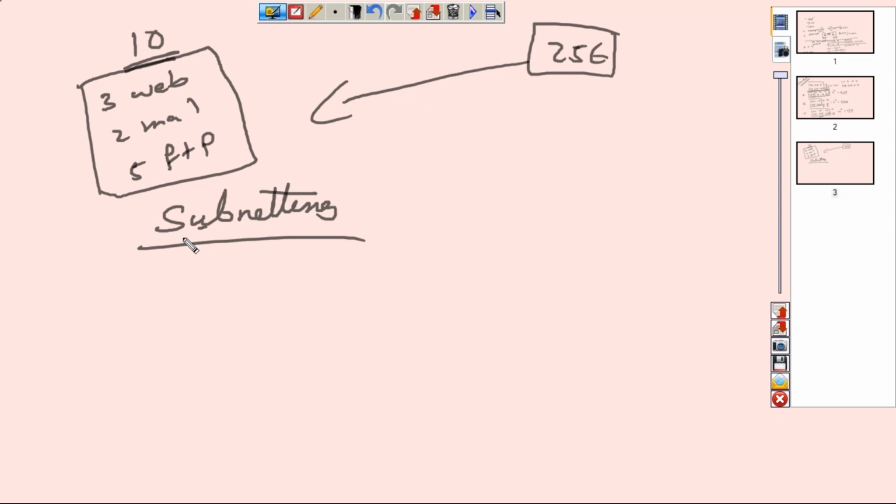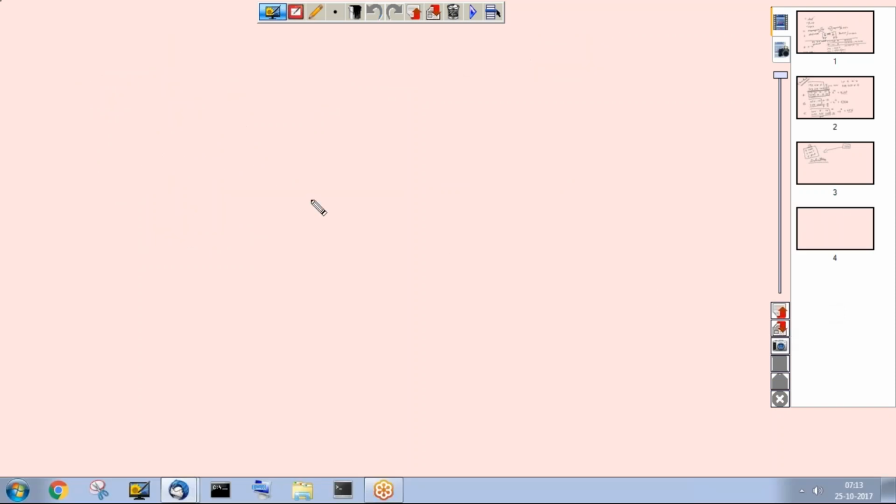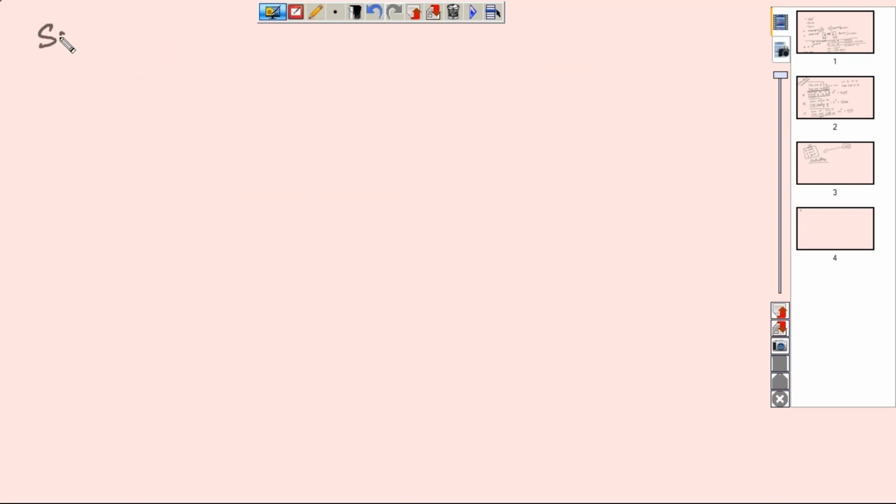Okay, so let's take a new page. So let's do this. And before starting that, you have to remember that normally by default, only machines belonging to the same subnet can talk to each other.